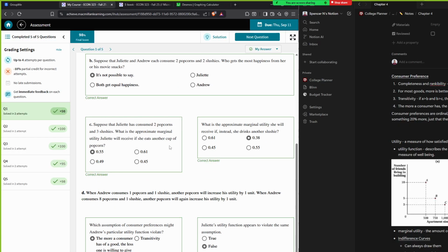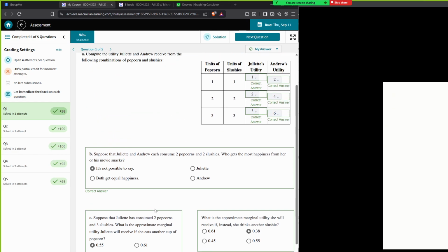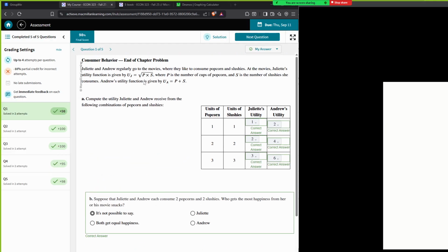Okay, this one is just another calculation using the utility formulas. My iPad keeps going to sleep. Okay. So Juliet is 2 popcorns and 3 slushies, so I shouldn't erase those.